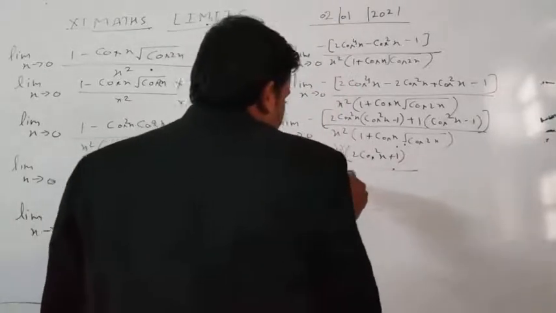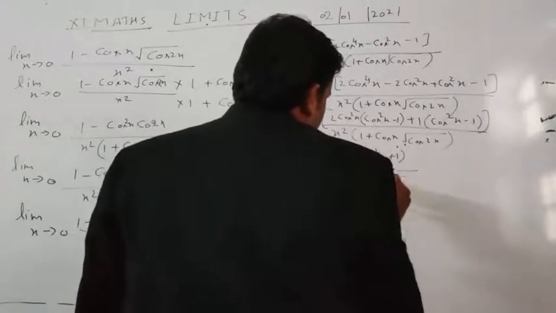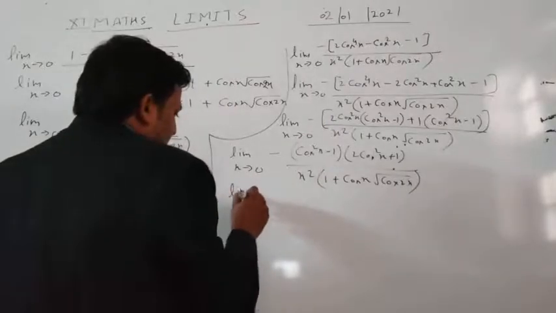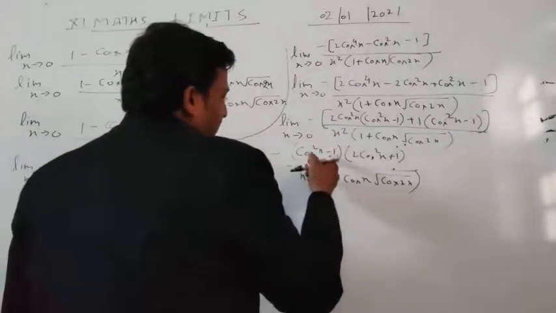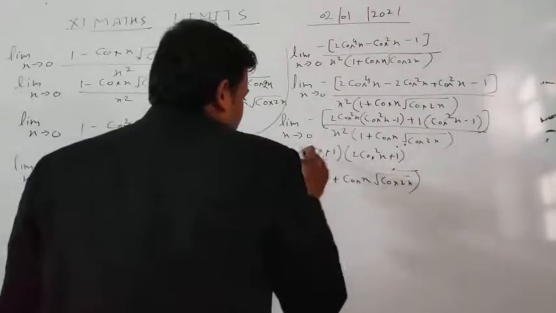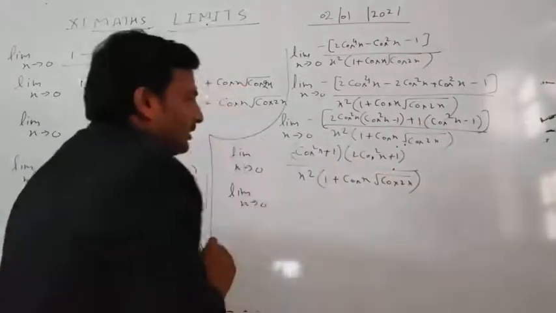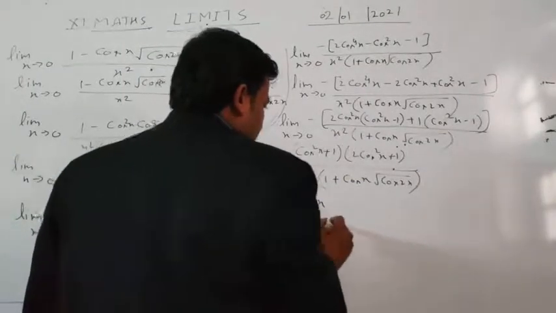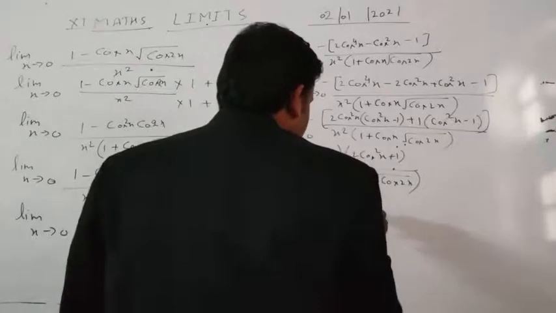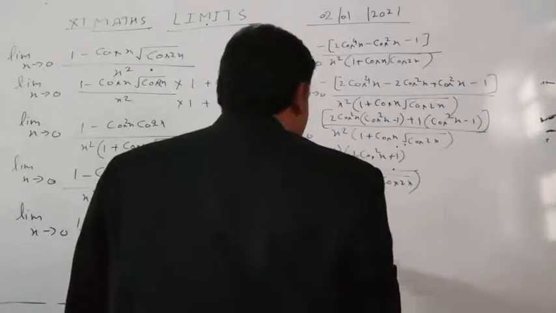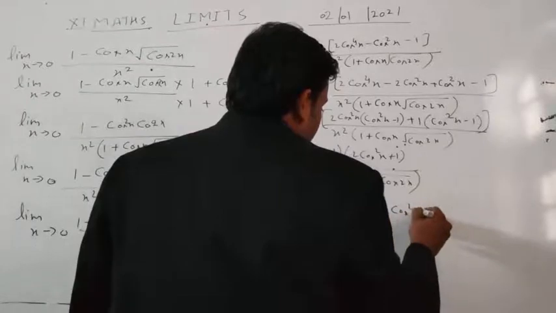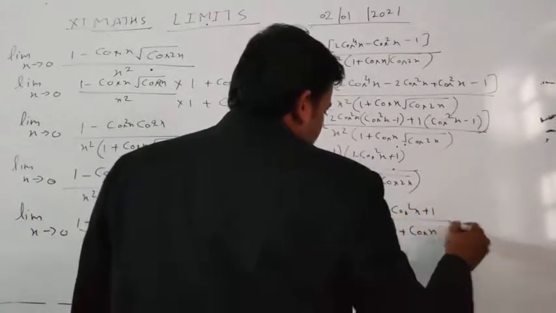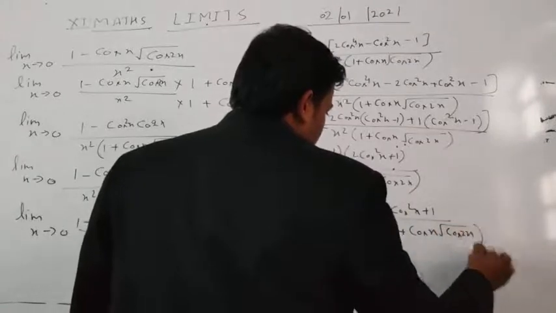Okay. Now after factorization we got this, and student when we multiply this inside the bracket we get plus 1 and minus cos square x. So we can write sin square x by x square and limit x tends to 0 of (2 cos square x plus 1) by (1 plus cos x under root cos 2x).